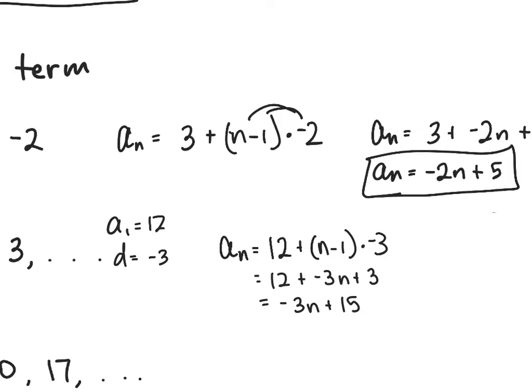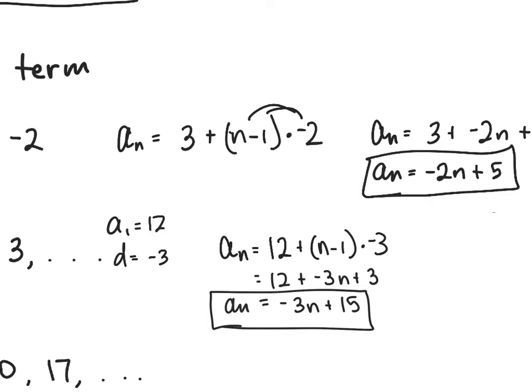Now, I want to talk just for a minute before we get to the next example about a certain correlation between this and something that was brought up in the last lesson, lesson 8.1, where sequences can be related to functions, and in particular in 8.2, arithmetic sequences can be related to linear functions.